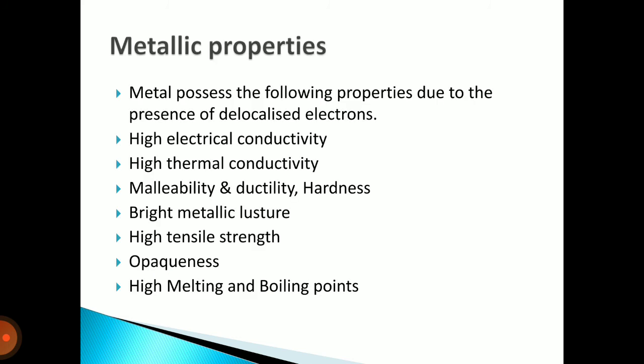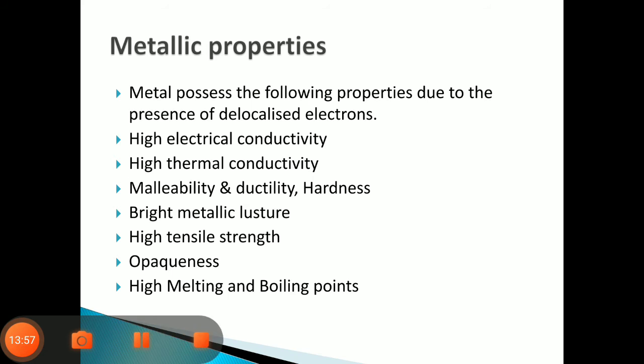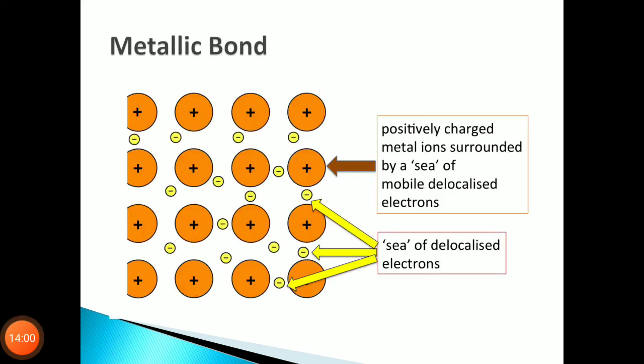And all the properties of the metals are due to these delocalized free electrons. Thus, metallic bonding is the electrostatic attractive force between the valence electrons in the form of delocalized electrons and positively charged metal ions in a metal element.